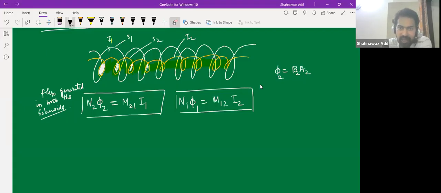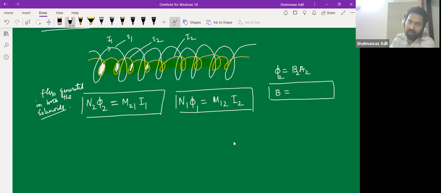Can you tell me what is the magnetic field of a solenoid? If you remember, can you tell? This we have studied. What is the magnetic field of a solenoid?